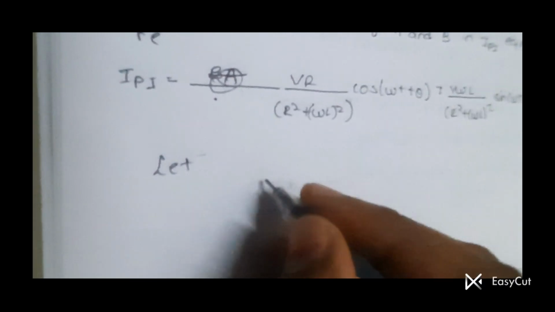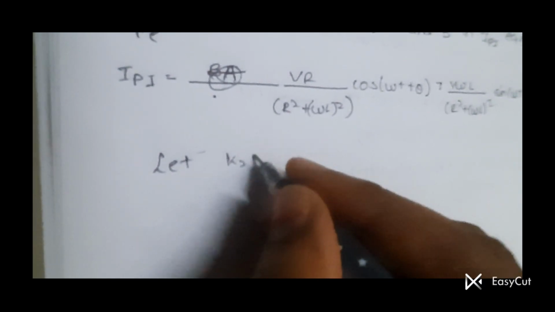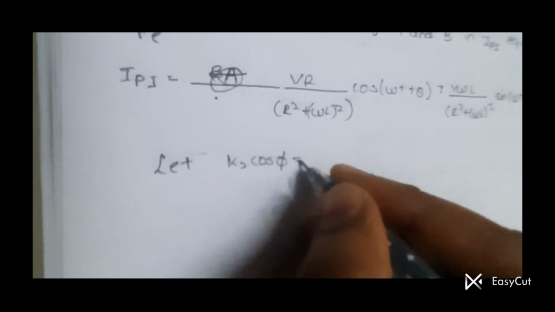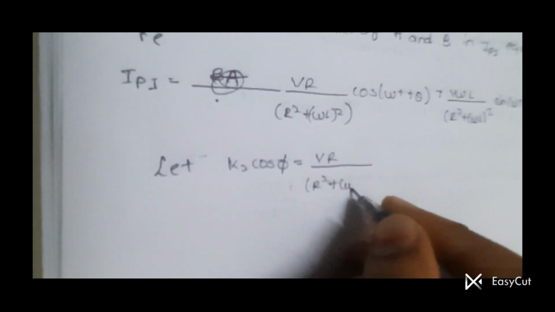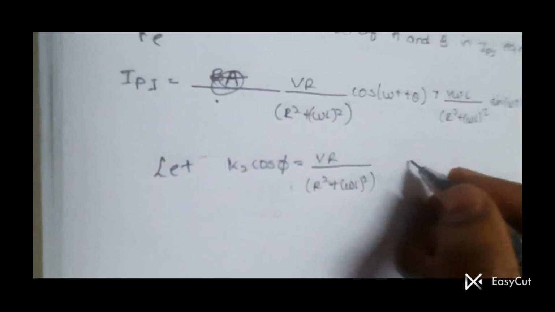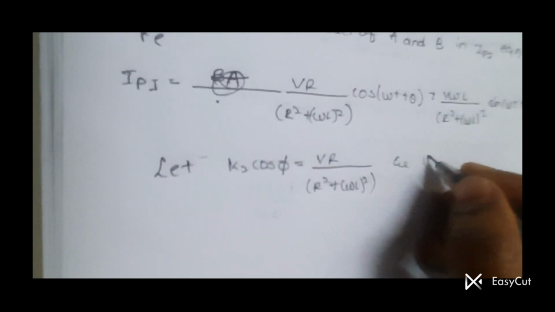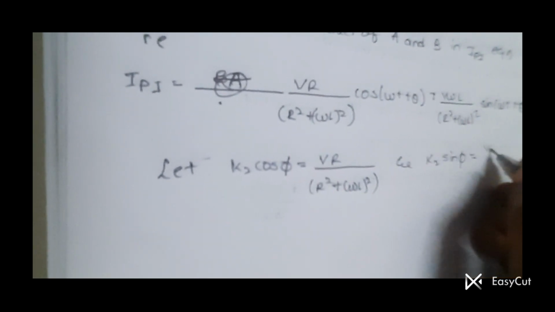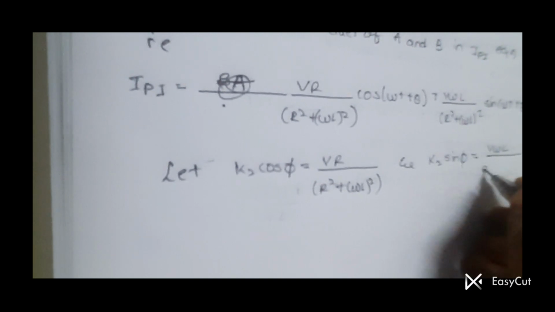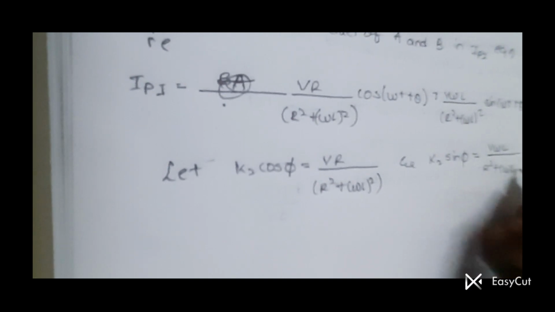Let us consider K2 cos phi equals V R by R square plus omega L whole square and K2 sin phi equals V omega L by R square plus omega L whole square.